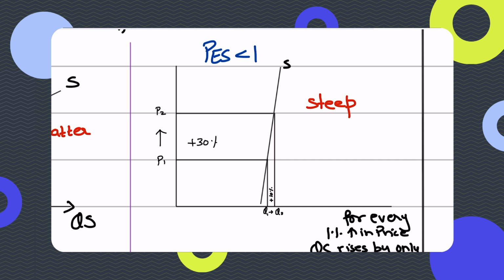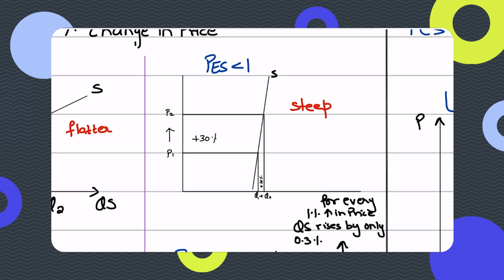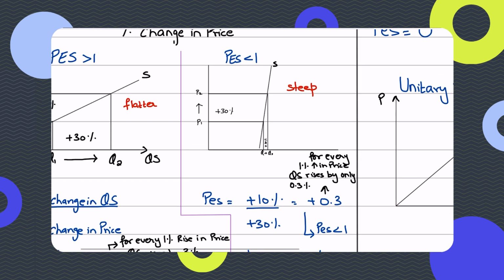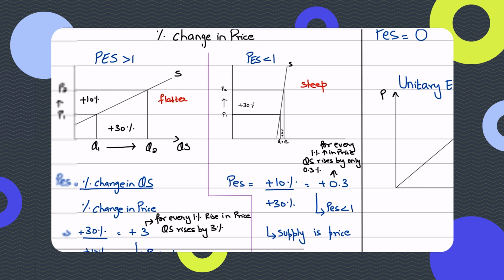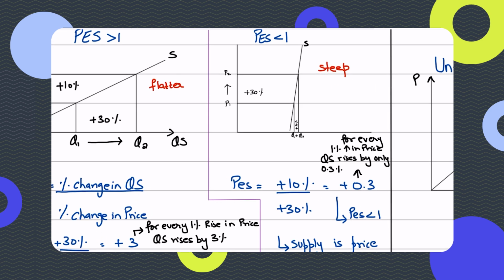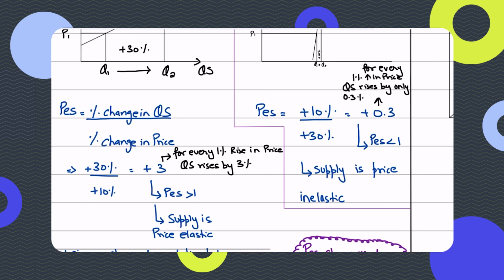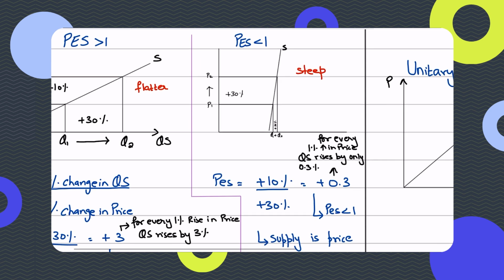So the maximum production they could do following a jump in the price was increasing production by only 10%. So if you plug in these values in the PES formula, PES equals percentage change in quantity supplied divided by the percentage change in price. The percentage change in quantity supplied, guys, is only 10% divided by 30%.